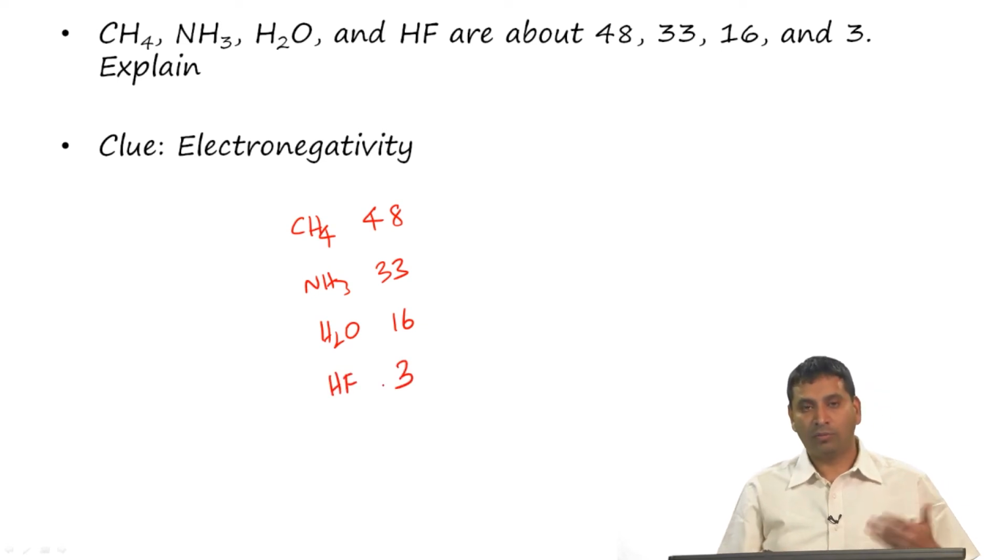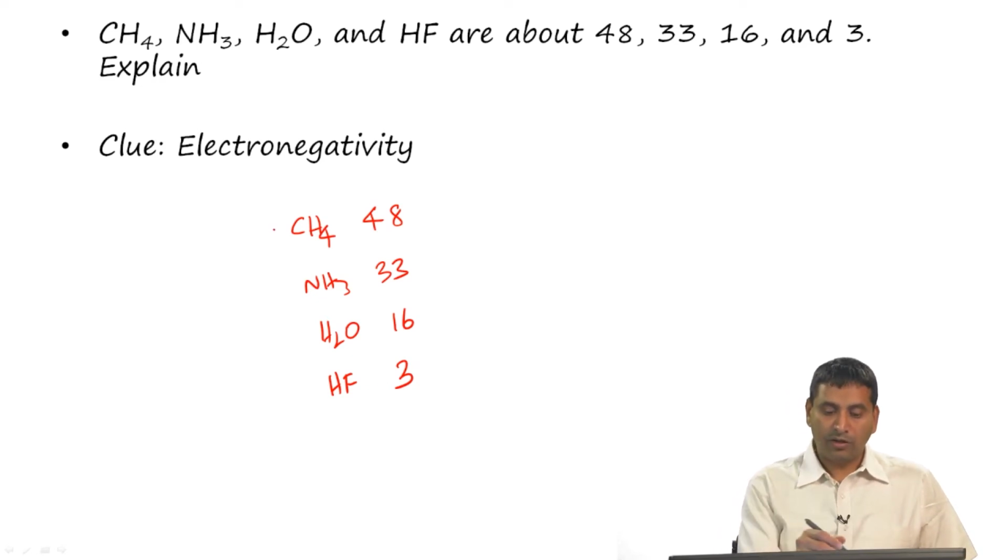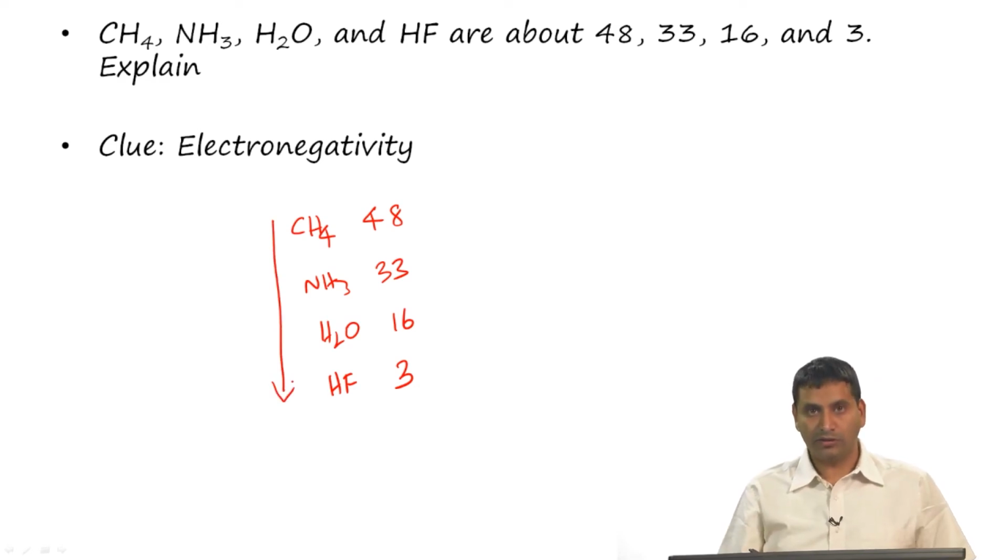As we know from our fundamental concepts in general chemistry, electronegativity increases in the following order: fluorine is greater than oxygen, greater than nitrogen, greater than carbon.